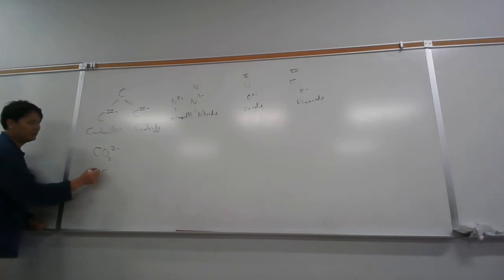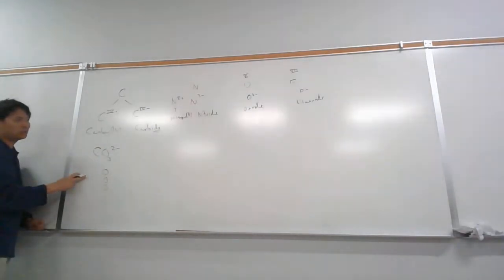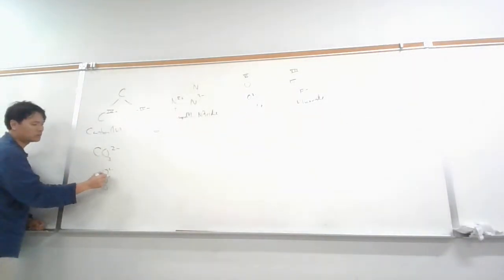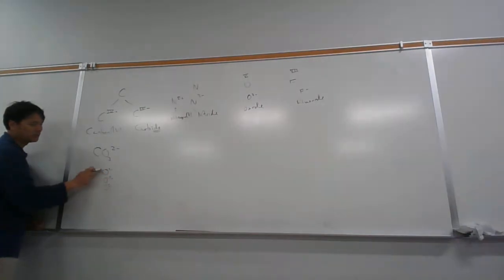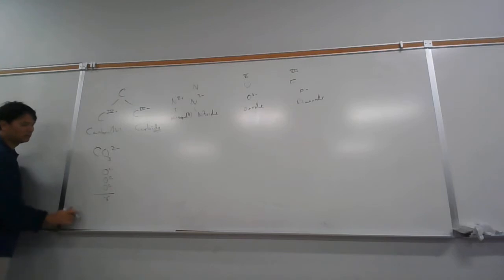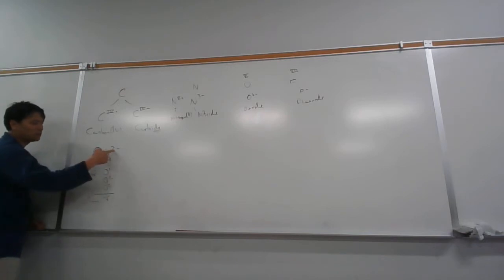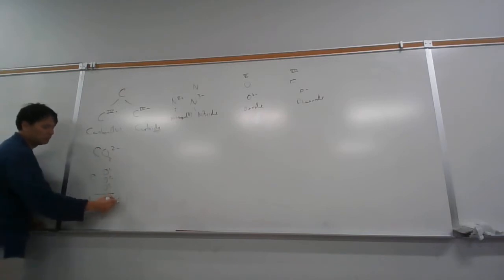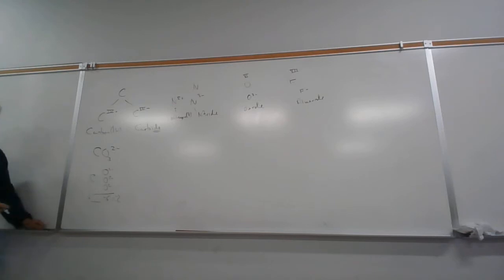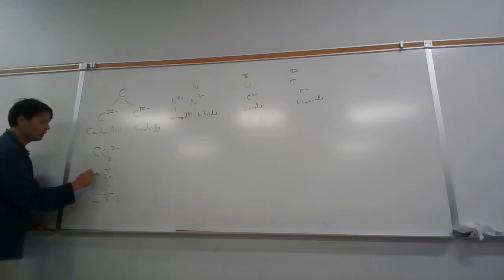Carbonate, if we give oxygen its preferred charge, what is the preferred charge on oxygen? Oxygen would like to gain 2. So if each oxygen gained 2, that's going to give me 2, 4, 6, a total of -6 over here. And then I have 1 carbon. So -6 plus what will equal the net charge? The net charge on this is -2. So carbon must be plus 4. And so this is what it means by apparent charge.